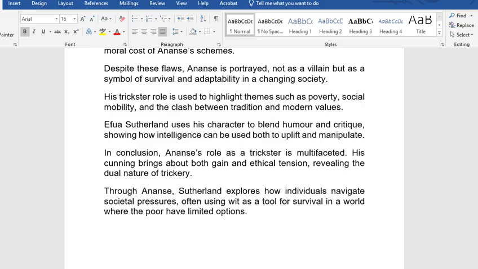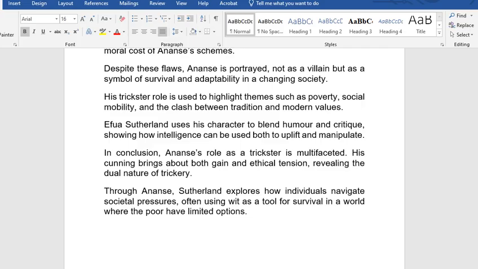His trickster role is used to highlight themes such as poverty, social mobility, and the clash between tradition and modern values. So the question has now been related to a theme according to the guidelines of WAEC. Any question in WAEC has to be related to a theme.